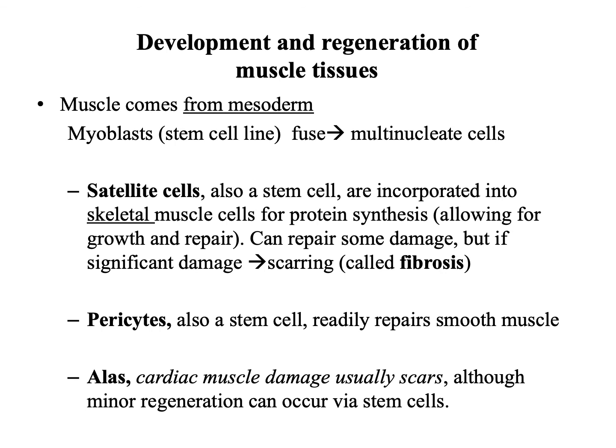It's going to fill it in with connective tissue, and that's scarring, and that's called fibrosis. In smooth muscle, we have another cell called a pericyte that can repair smooth muscle. So we can do repair, but most of the time with muscle, once that cell is damaged, he's done.